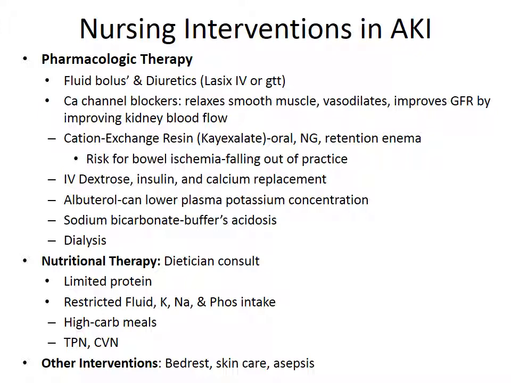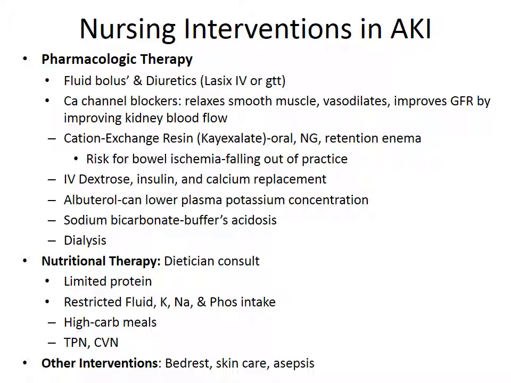Most commonly, it's 5% dextrose, 1,000 milliliters, with 10 units of IV regular insulin added to the bag. And oftentimes, too, a calcium replacement is given. Albuterol can lower plasma potassium concentrations, but it also needs to be monitored as it can cause profound tachycardia. And then if patients are not responding to pharmacologic therapy, often hemodialysis is indicated.